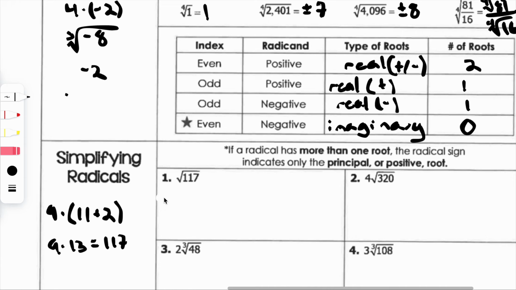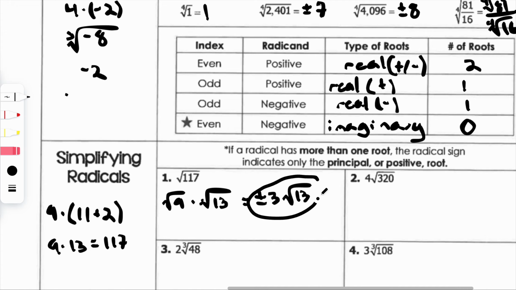So how I want you to rewrite this is square root of 9 times square root of 13. Okay, now what's the square root of 9 equal to? That's just going to be equal to plus or minus 3. And then we still have that times root 13. Now, can we simplify root 13? Does that have any perfect square factors? No, it does not. So this is going to be our answer.